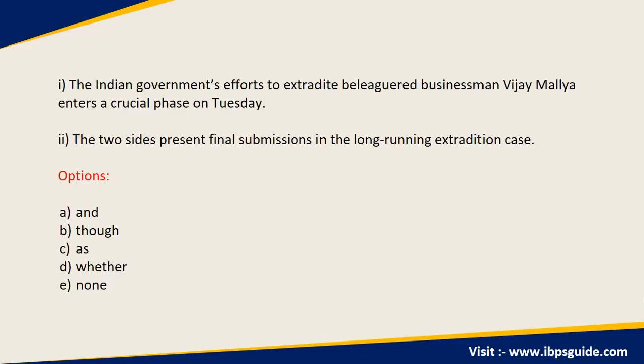Option C, as. Now, when you're using as a conjunction, it can have two different usages. You can use it to say that at the same time something was happening. For example, he was shaking his leg as he was reading. So this means that he was doing both things simultaneously. The other usage for as is to say due to.